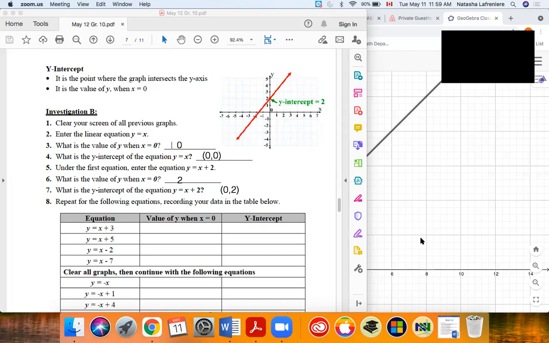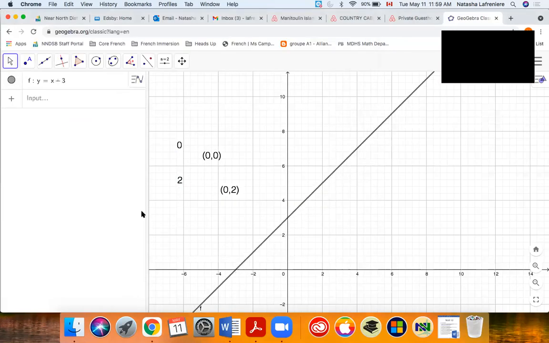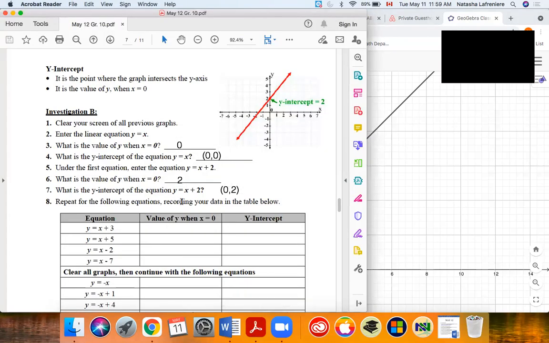Okay, so we're going to try now with x plus 3. So x plus 3, where does it cross over? So we look at the y-axis and it crosses at 3. And then our y-intercept, we have to write it as a point, so it'll always be 0 and then the number.